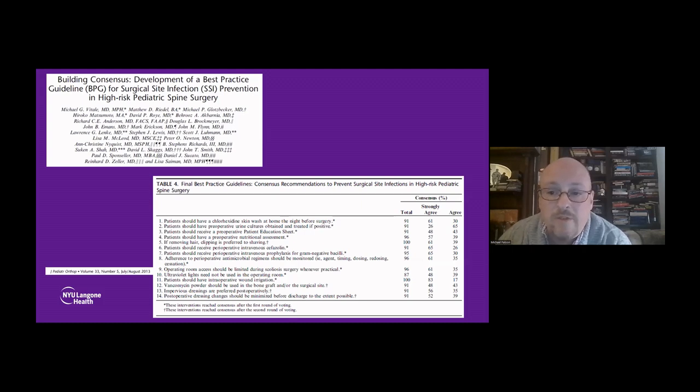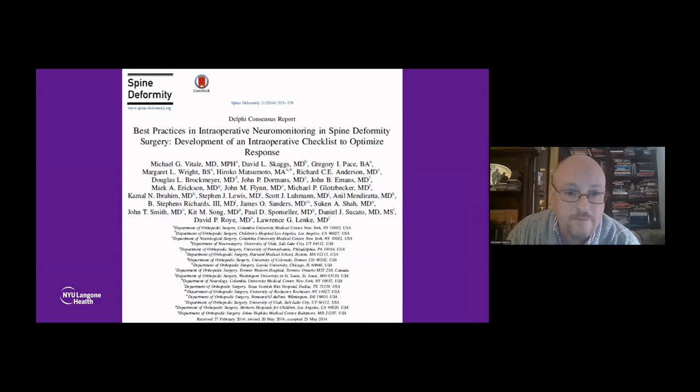I think intraoperatively you have to be ready to change your plan. Although in this paper here, which I think is a very nice one, looking at what the consensuses are, intraoperative time was not included in that, but this is what I would think we would be looking at by talking about the split cord plan.